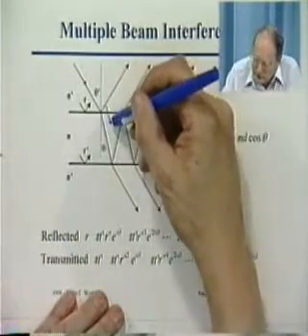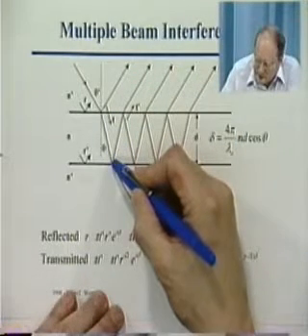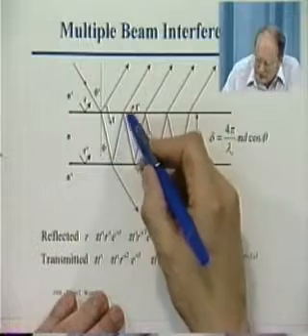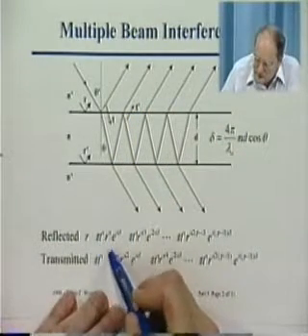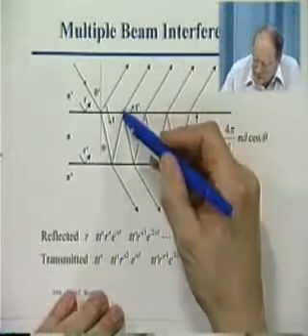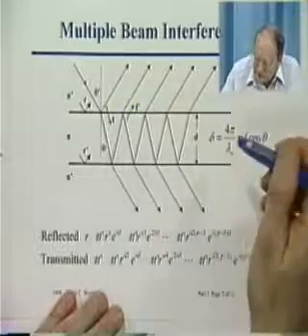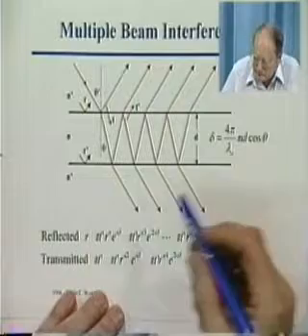This beam goes through here, so we get t through. We get r prime reflected up here, and we get t prime through there. So it's t prime, r prime, and the phase relative to here, due to the optical path, will just be e to the i delta.